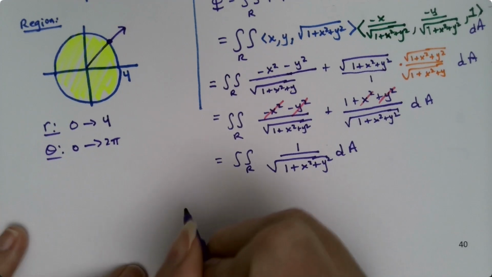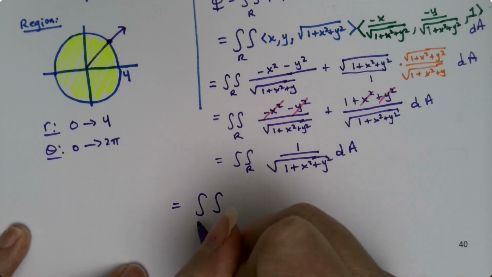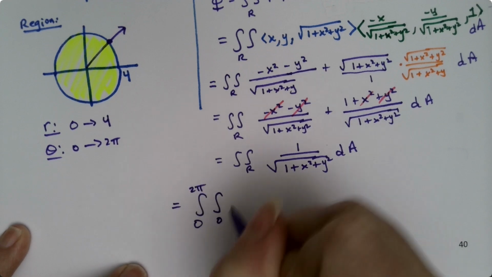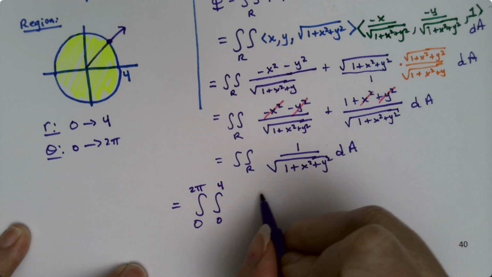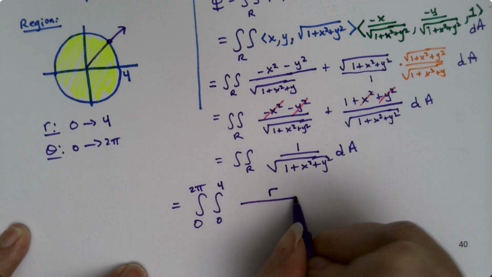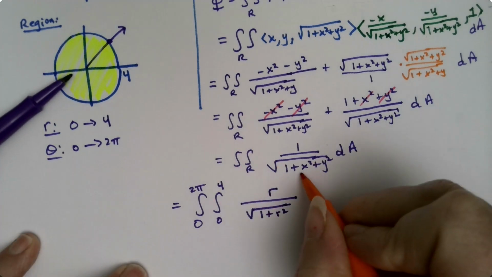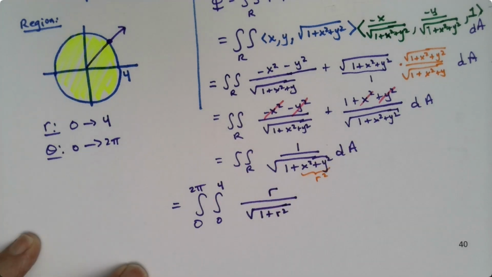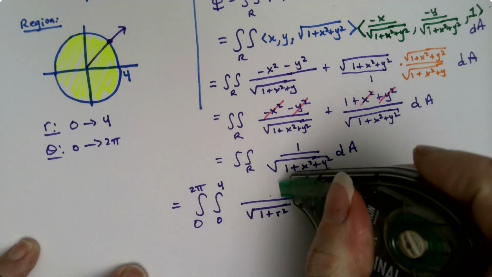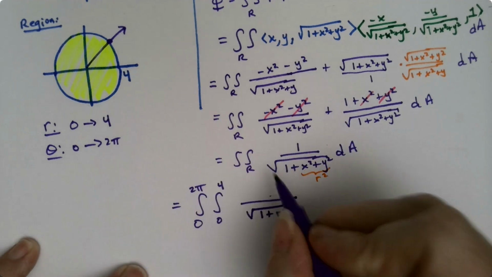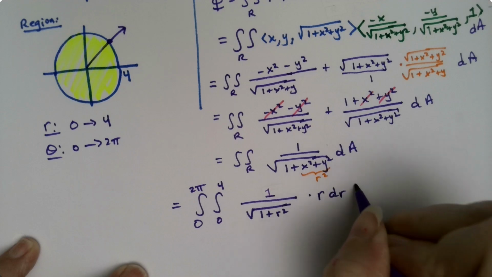So all we have to do is switch over: 0 to 2 pi, 0 to 4. This will be r over the square root of 1 plus r squared, because x squared plus y squared is r squared. And r, well, let me write it as 1, just so you can see it. It's 1 on the top, but then you multiply by r, dr d theta.